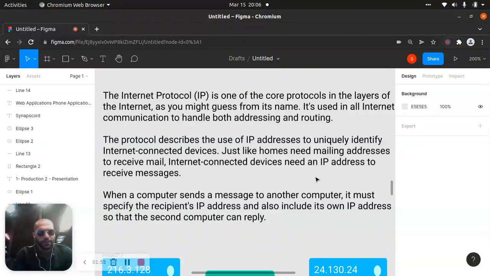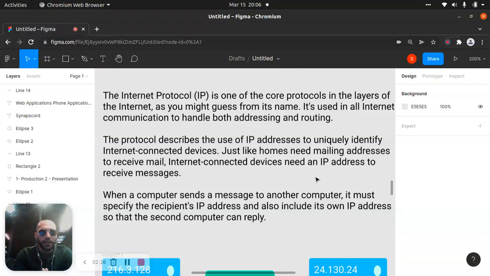Just think you have a GSM phone, right? You have a number, and someone sends you messages and you receive them, and then you send back to him or her. It's communicating, right? IP addresses are the same for computers, like phone numbers.